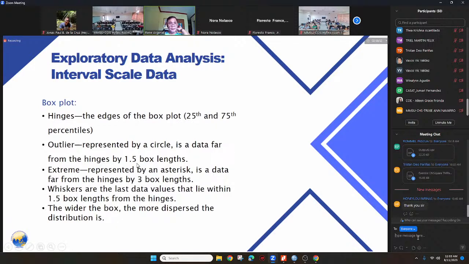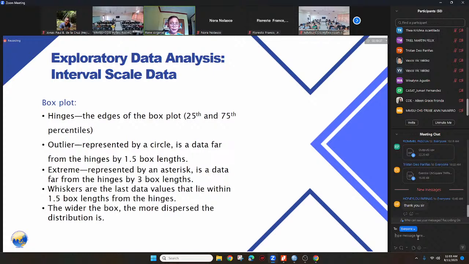So the 1.5 here is actually a constant, because the formula to determine whether it is an outlier is Q1 minus 1.5 times the interquartile range to the left, and to the right, Q3 plus 1.5 times the IQR.